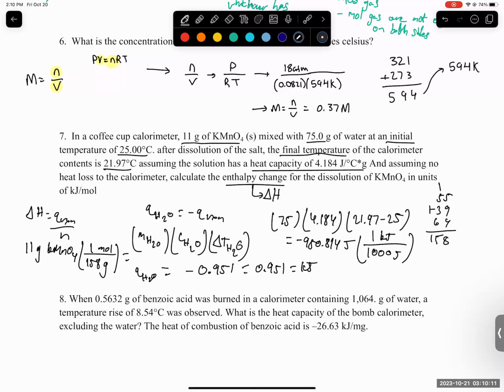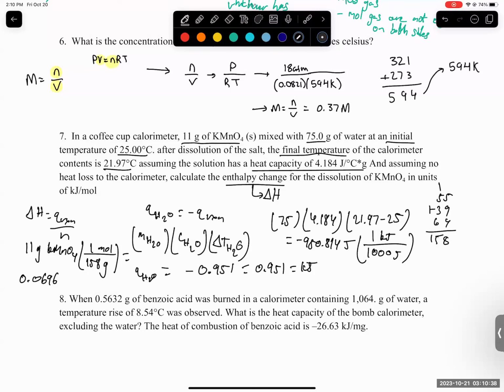If you want to use all the decimals, you can. But for the sake of time, I've always rounded my molar mass to the nearest whole number, and it's worked for me. So 11 divided by 158. If you solve this out, you will get 0.069620, whatever, repeating. So I just round to 0.0696. I like to keep my numbers to 2 to 3 sig figs.